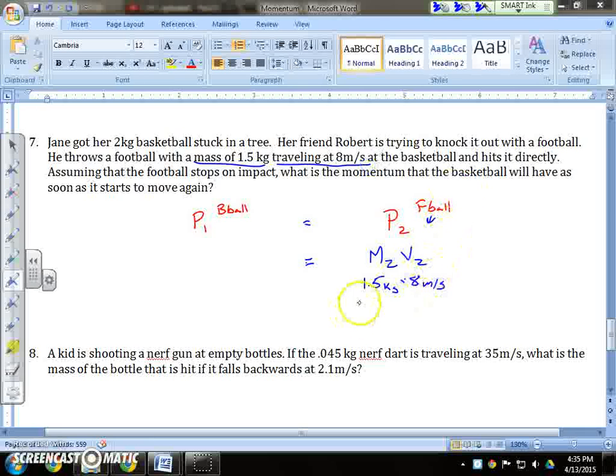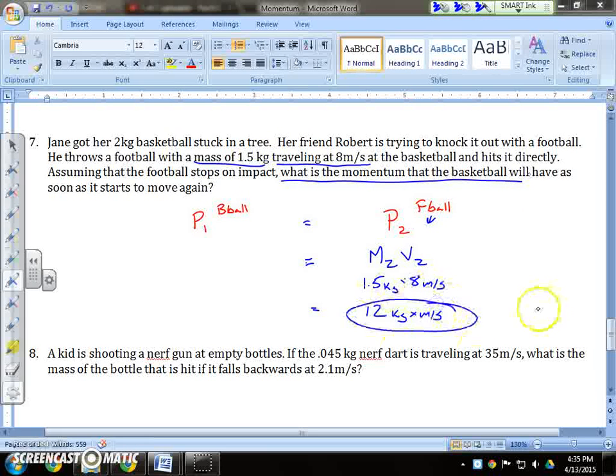We know that the football simply has a momentum of 12 kilograms times meters per second. And in terms of the question, it's asking what momentum the basketball will have. Well, if the football has that momentum and it stops on impact, the basketball is also going to have that momentum. So your full answer there is 12 kilograms times meters per second.